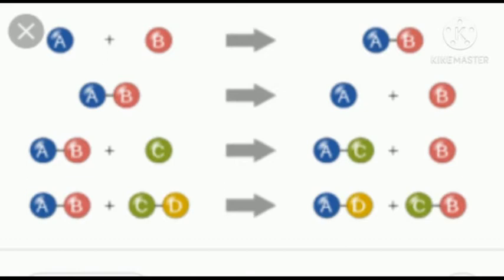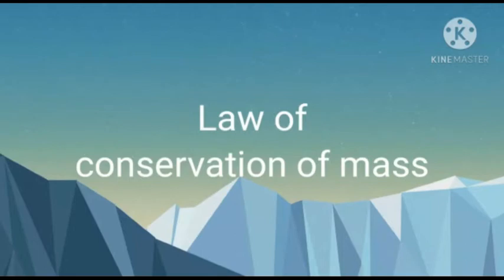This is supported by the law of conservation of mass. The law of conservation of mass states that matter can neither be created nor destroyed. It can transfer only from one form to another form during the chemical reaction.